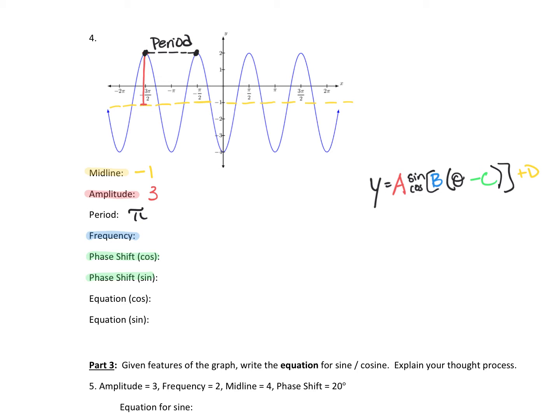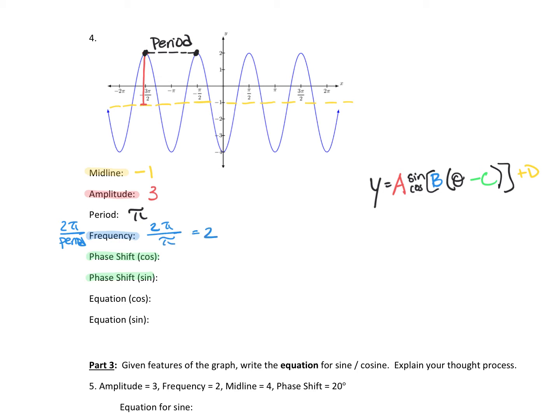Now our frequency is how many periods, or how many full cycles, we have in a specific interval, with that being an interval of 2 pi. So we're going to do 2 pi divided by the period, or in this case 2 pi divided by pi, which gives me 2.